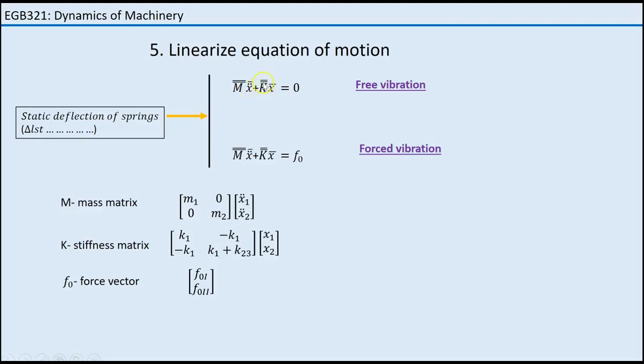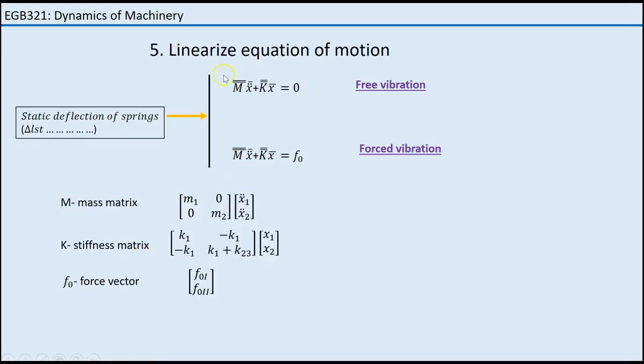You must notice that in this matrix equation we don't have a velocity coefficient, which is the damper matrix, because in this unit we are using simple 2 degree of freedom equations, so we don't consider damping in this system. If there is a damper component in the system, then we should have another part in this equation which contains the damping matrix multiplied by the velocity.